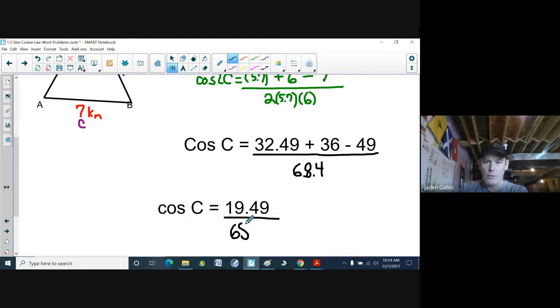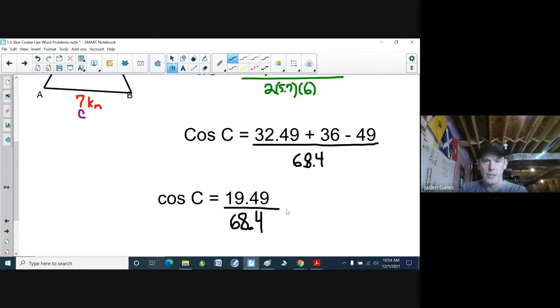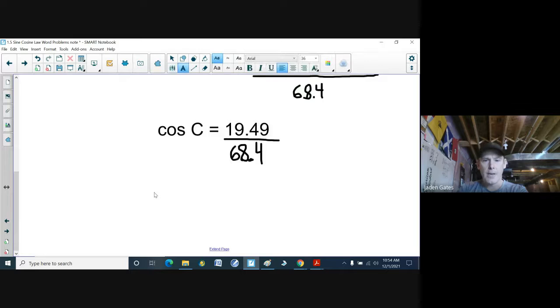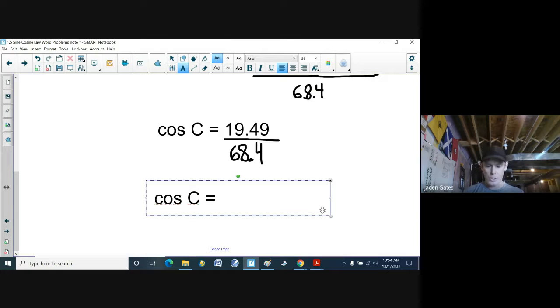Things are getting easier. We're going the right way. It's looking simpler, getting simpler. All right. Then, of course, that fraction there, I'm going to make it a number, because all a fraction is, is divided by. Questions not done yet. So I take my 19.49, I divide it by 68.4, and I get 0.28 to 2 decimal places.